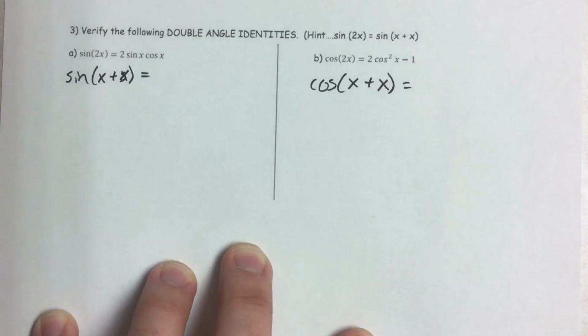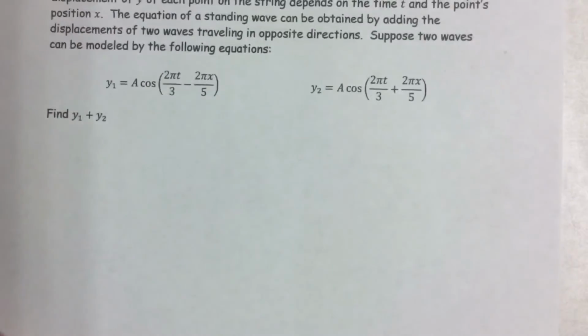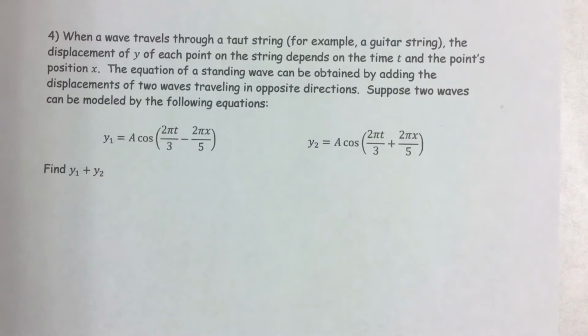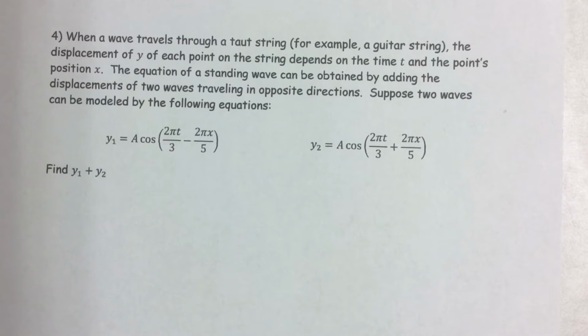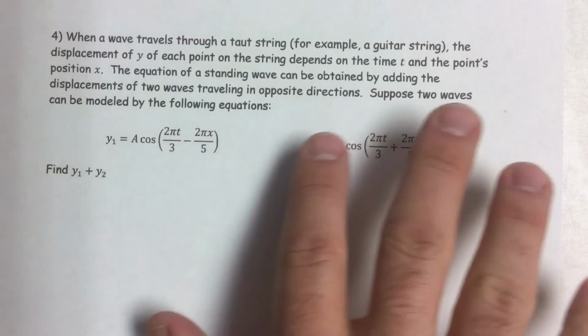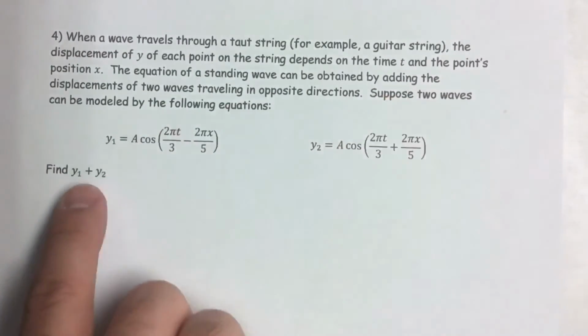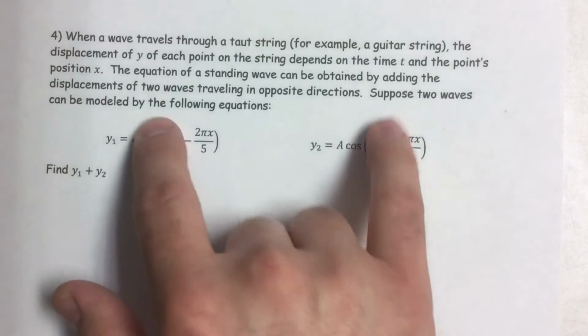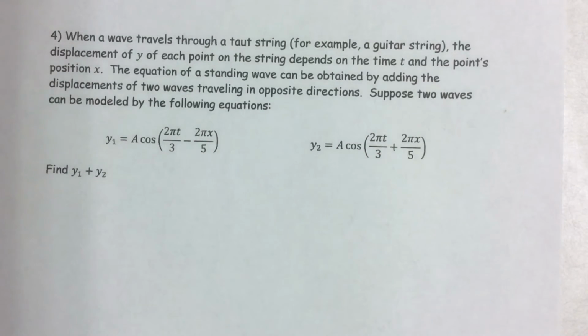All right, looking at the next problem. When a wave travels through a string, like a guitar string, the displacement of a point on the string can be shown by adding these two functions. So we're given these two functions and we're told to add them.